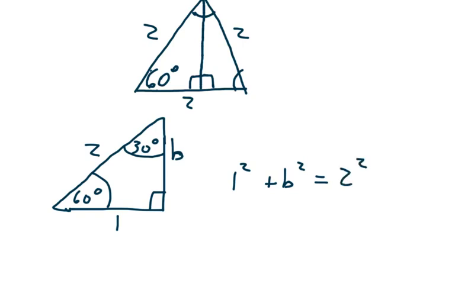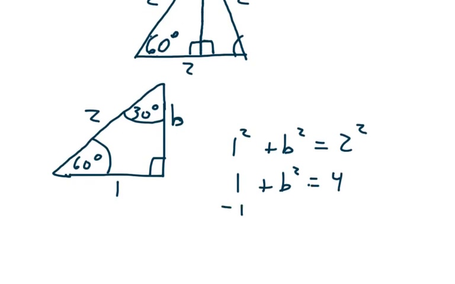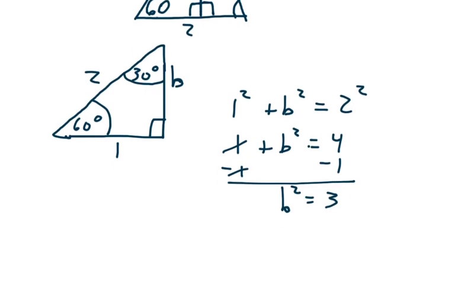So again, this is just the Pythagorean Theorem. 1 squared is 1, B squared is B squared, because we don't know what B is, and 2 squared is 4. From here, of course, we subtract, these cancel, and we get B squared is 3. And so B has to be the square root of 3.